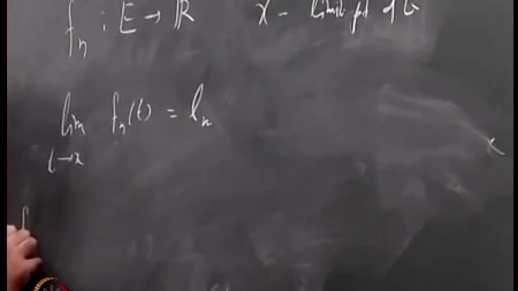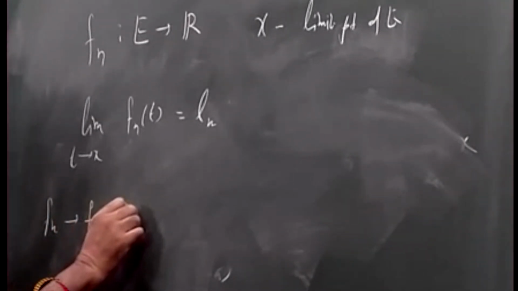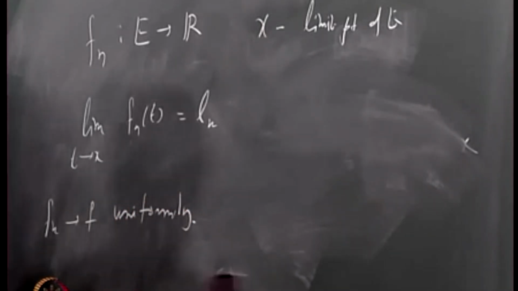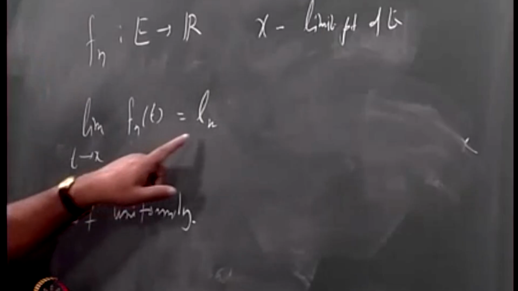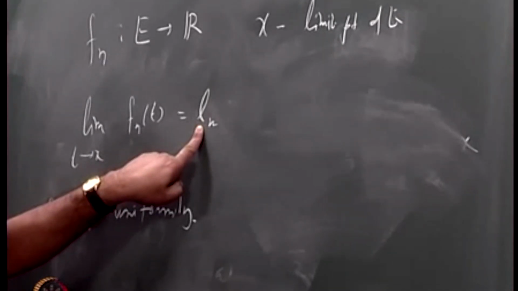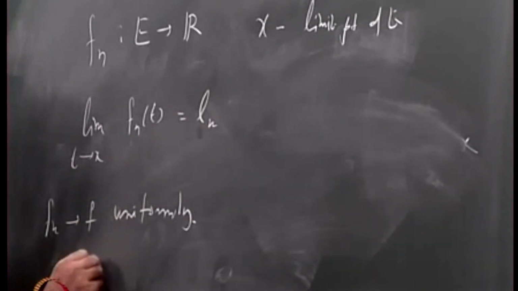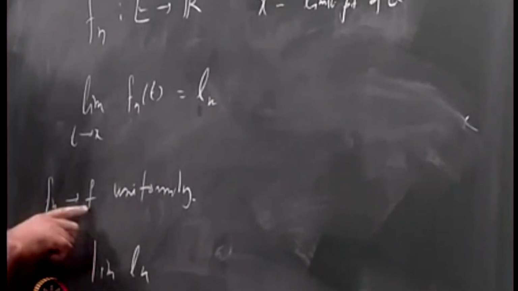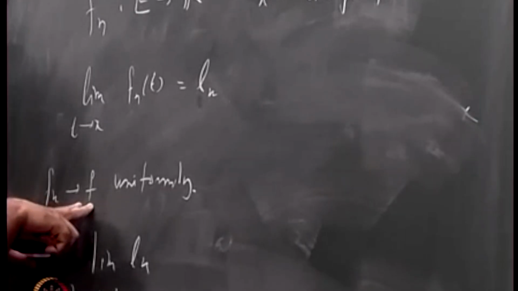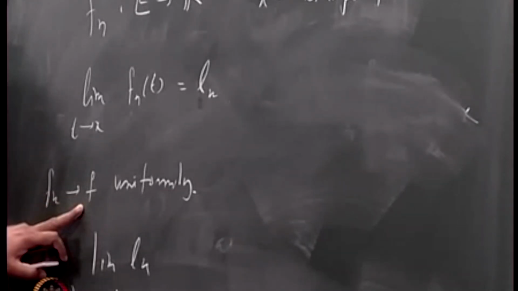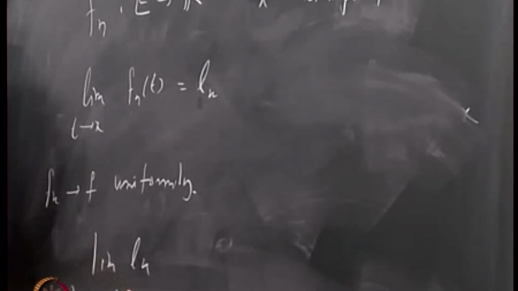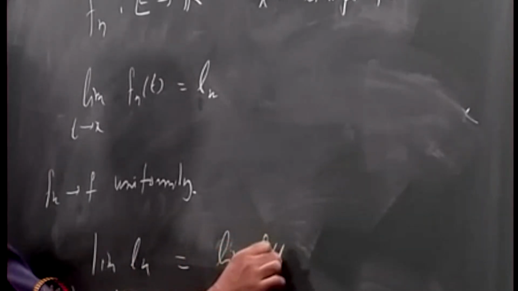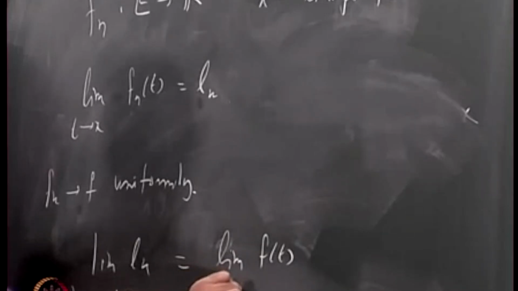The assumption was that fn converges to f uniformly. Then the limit of ln as n tends to infinity exists, the limit of f(t) as t tends to x exists, and the two limits are the same. This was in fact one of the first theorems about uniform convergence.